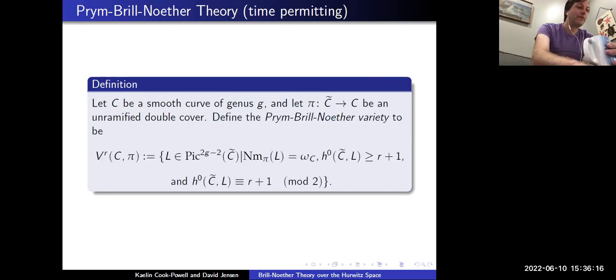So then the Prym-Brill-Noether varieties, which I think were first defined by Welters, are these things. You look at the set of line bundles on the curve upstairs whose norm is the canonical bundle that have at least r+1 independent global sections.